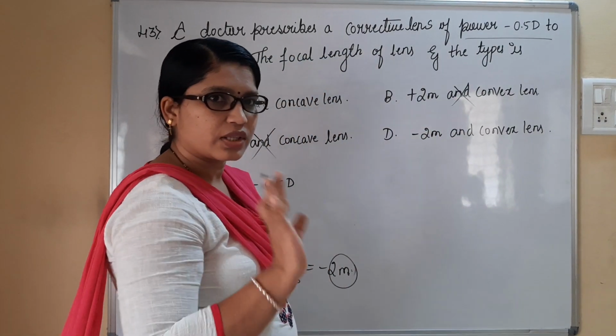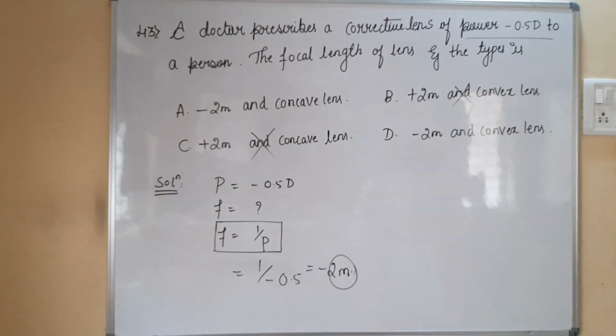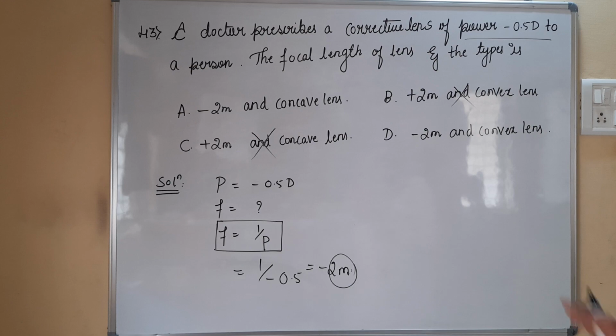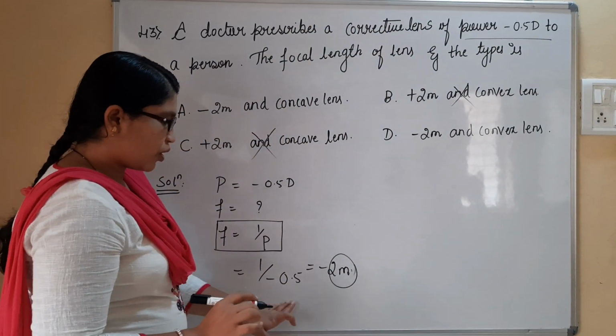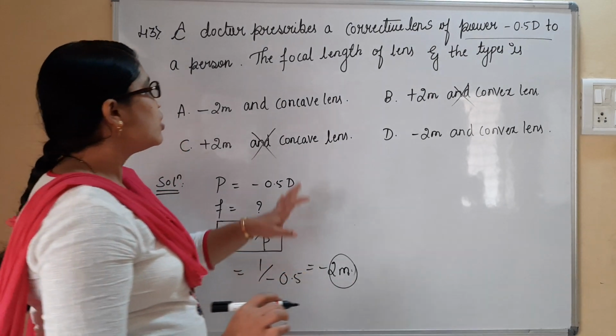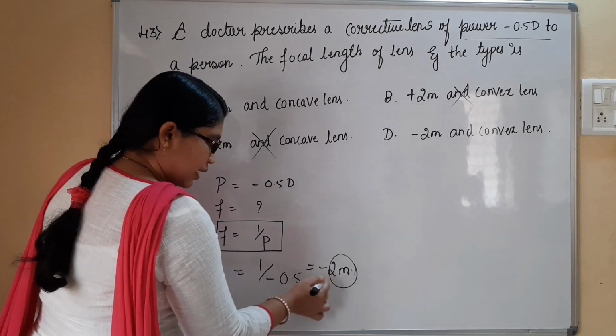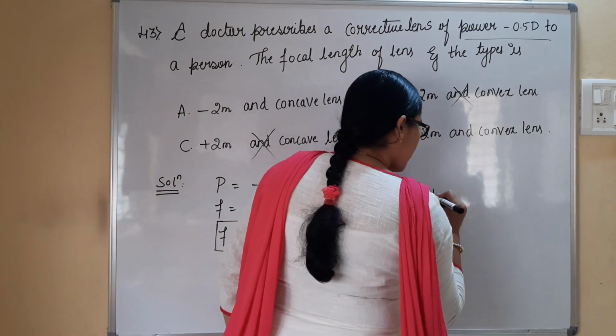We are supposed to find out the correct option. So see here, 1 divided by minus 0.5, it should be minus 2 meters we have obtained. So you can check here, as this is a negative value, minus 2 indicates we have a negative sign here.